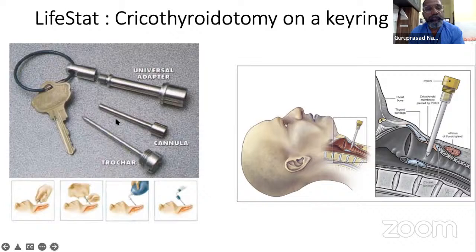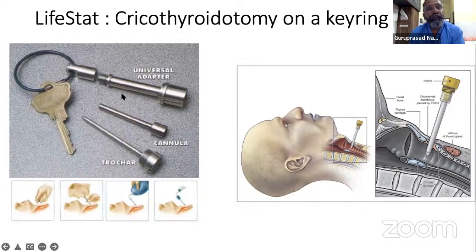When it is an airway obstruction outside a hospital, you don't have a knife, so you just enter through the cricothyroid membrane straight away, and then pull out the trocar, and that is how you secure the airway with this type of keyring device.